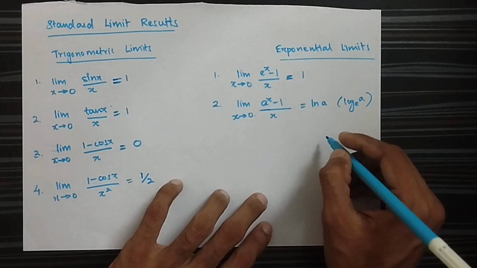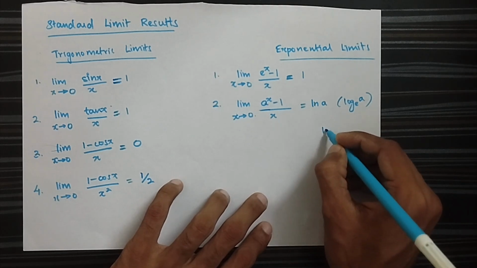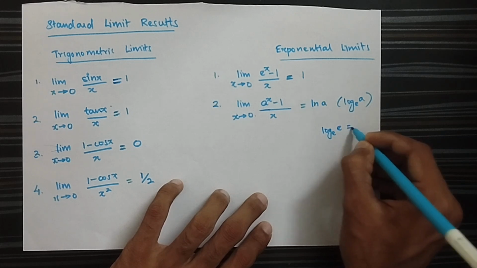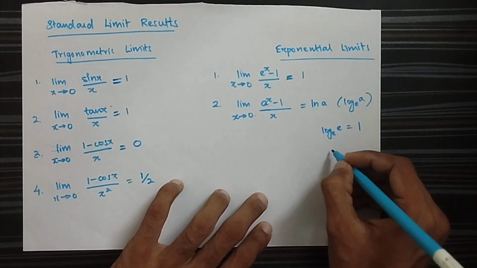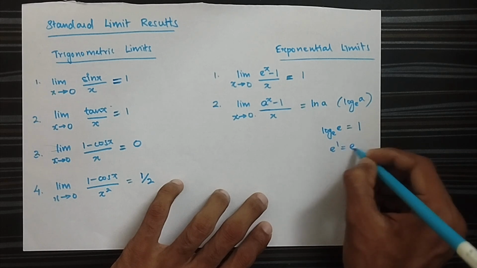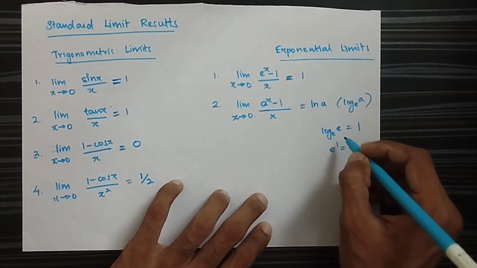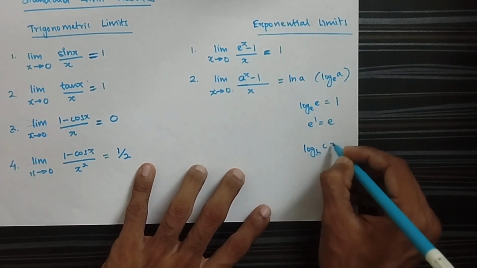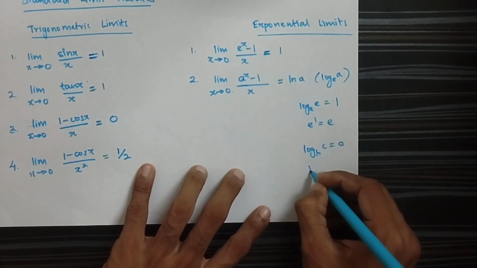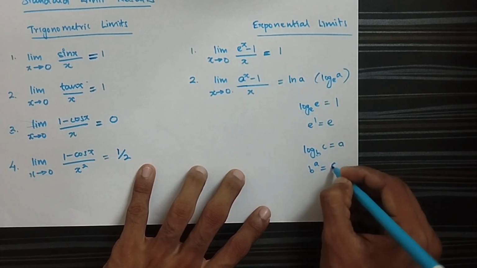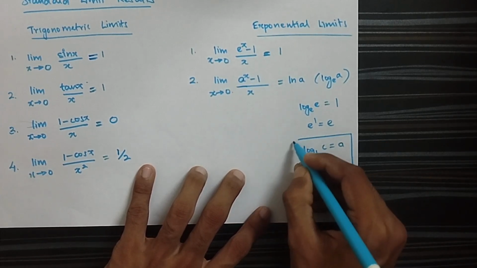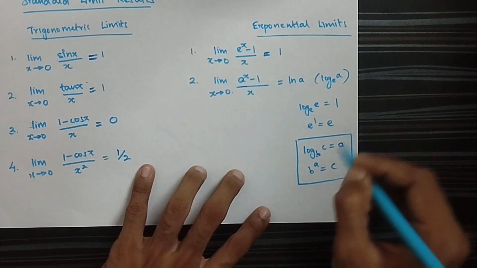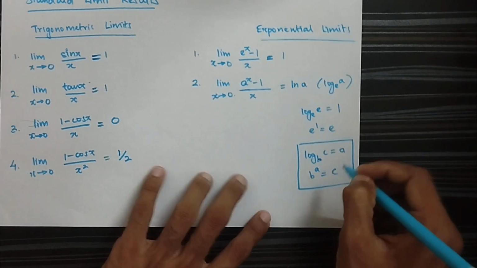log and exponential functions are inverse functions. If we write log to the base e of e, that would be equal to 1, because e raised to 1 is also e. This is a little tricky. If log to the base b of c is equal to a, then b raised to a would equal c. I've used the same concept here.